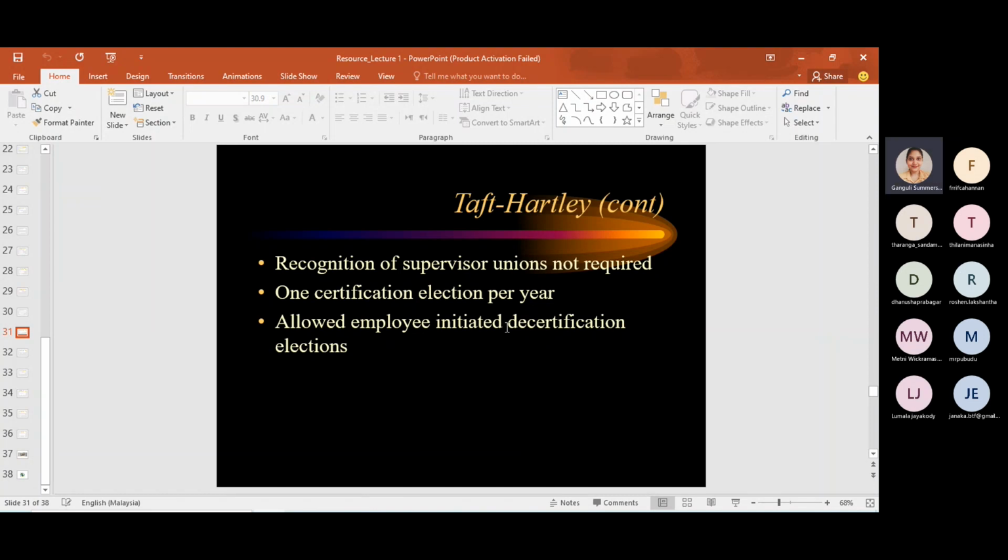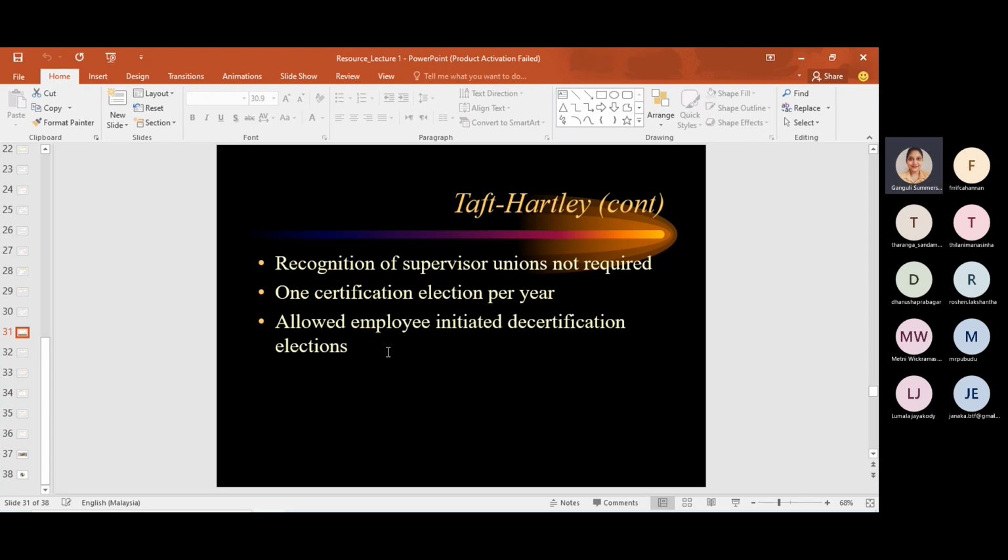And decertification elections are also allowed. Decertification election is the opposite of certification election. Certification election means electing a leader for the union, right? So if the majority of the union is not happy with the union, you can cancel the union by going for a decertification election.